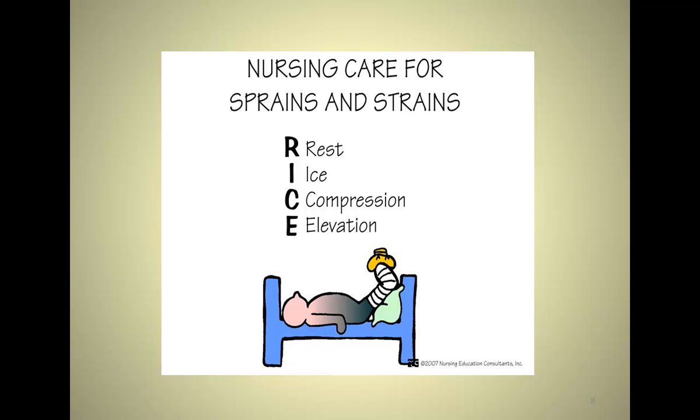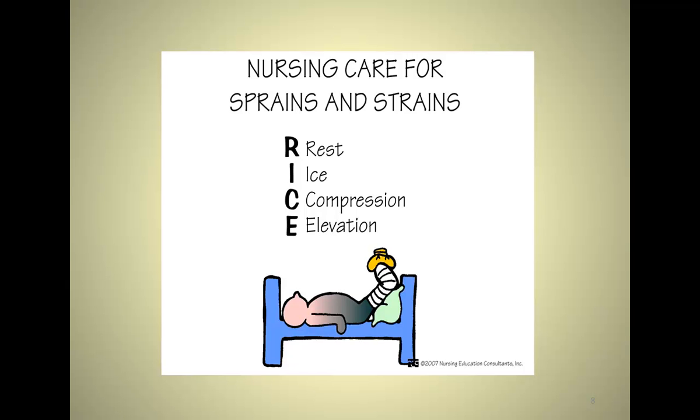Isn't it just wrapping the bone below the sprain and above? Yeah, but you do it in a certain way. You have to do it kind of crisscross. And there's a nice video on that. If you go into your lab manual, it shows you how to do that. You click on it and go to the site. You want compression.